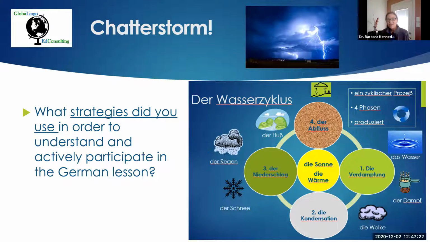You could have them work in groups where each group orally presents their phase, right? So you've got 4 groups, or they could write a chapter in the book, or they could make a picture book for children that follows the 4 phases, and each group is responsible for one of the phases. I'm just throwing out a bunch of ideas here.